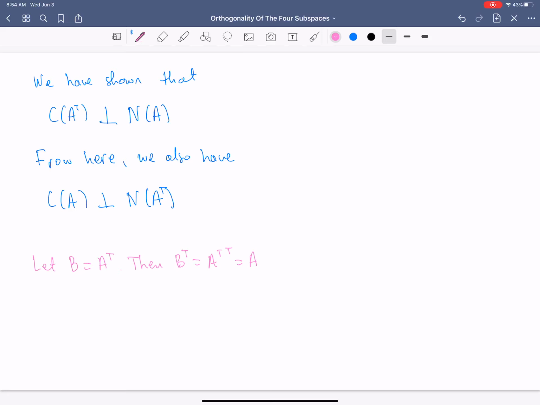So then the first statement, column space of B transpose is orthogonal to null space of B, translates into: the column space of A, since B transpose is A, is orthogonal to the null space of A transpose. So just doing that first statement for A transpose gives you the second statement, and that completes the picture.